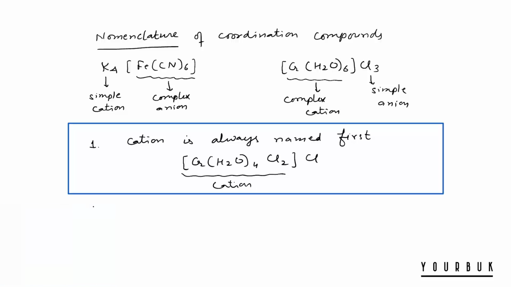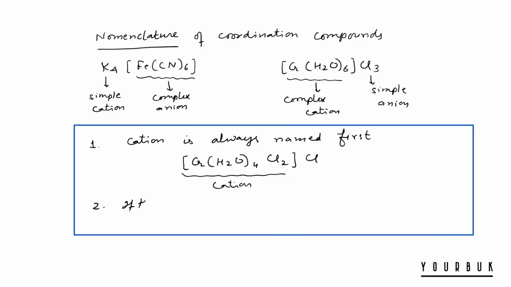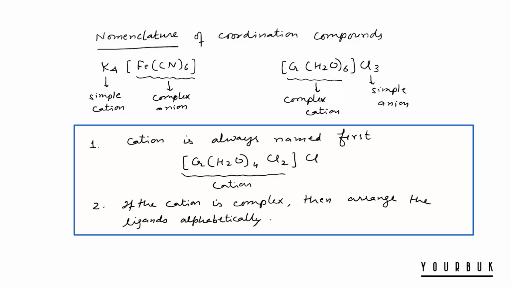Now whenever the cation is complex, then arrange the ligands alphabetically using a prefix di, tri, tetra, etc. to indicate the number of ligands of that type present.